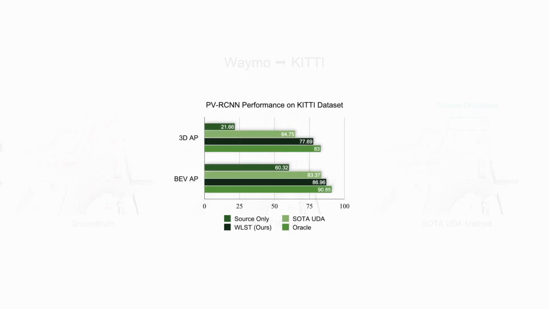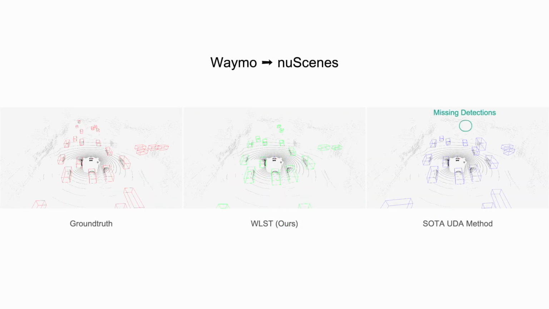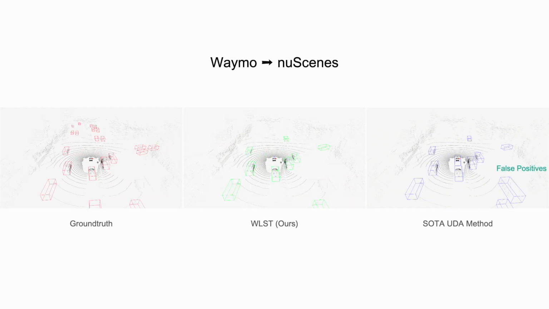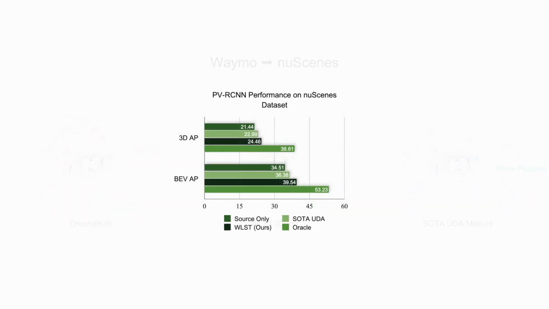The figure shows that our method stands out as SOTA, particularly in terms of 3D average precision. In the case of Waymo to nuScenes, our method exhibits superior performance as well. The results still show that our method outperforms the previous SOTA models.